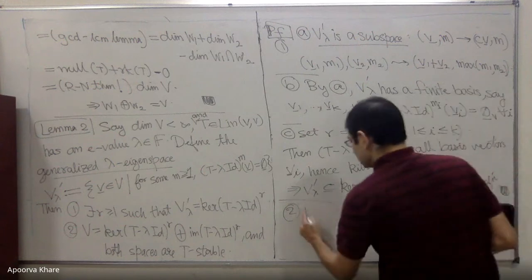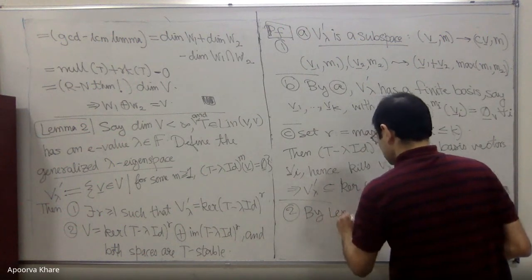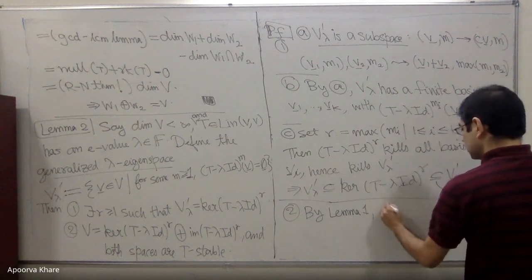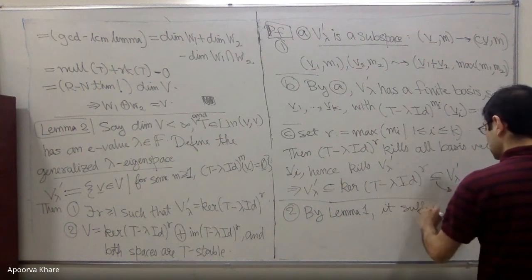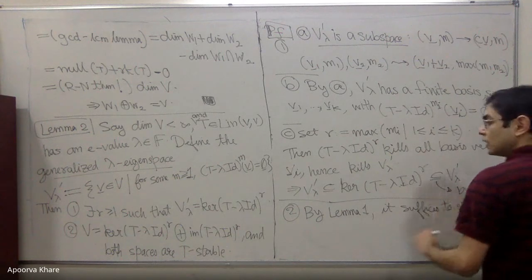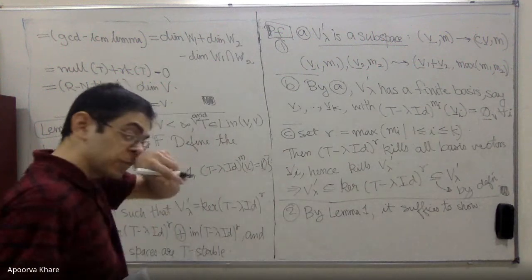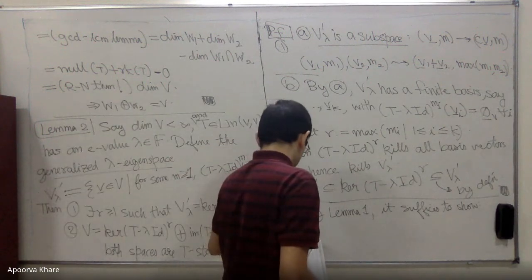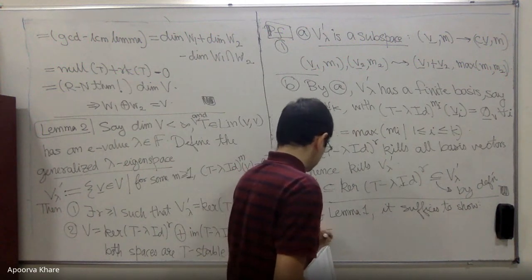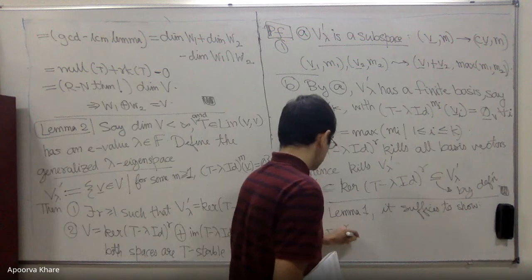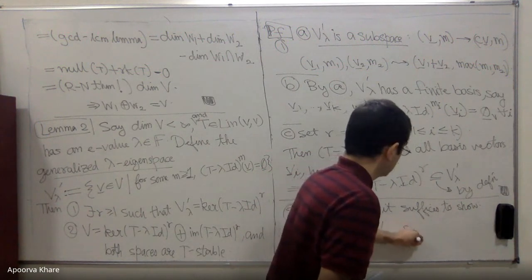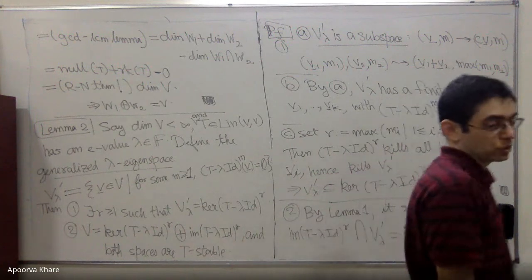By lemma 1, it suffices to show that the intersection of these two spaces, the image of (T minus lambda identity) to the r intersect V prime lambda, is simply the 0 vector. How do you show this?